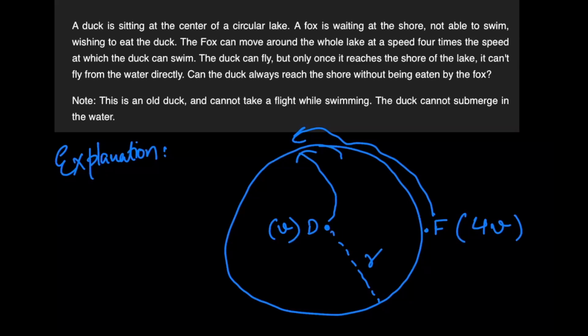And if the duck can, even if it has like 1 millisecond before the fox reaches, the duck can just fly away. So the question is, can the duck devise a strategy to reach the shore without the fox being able to catch the duck?